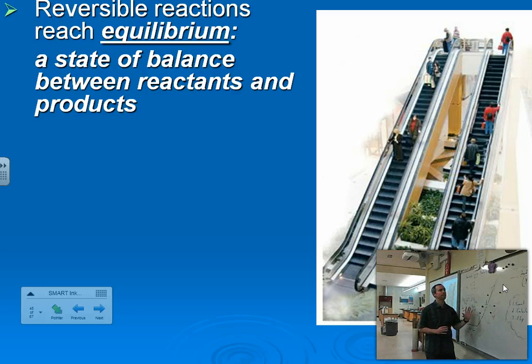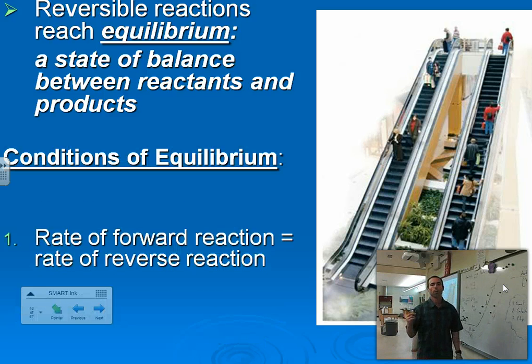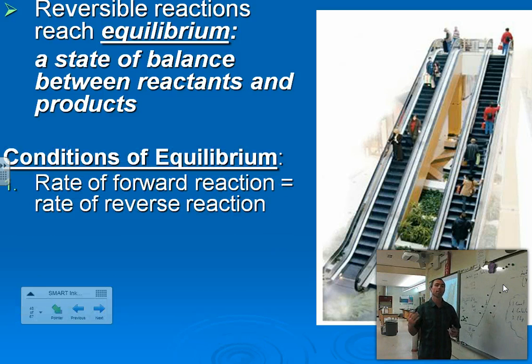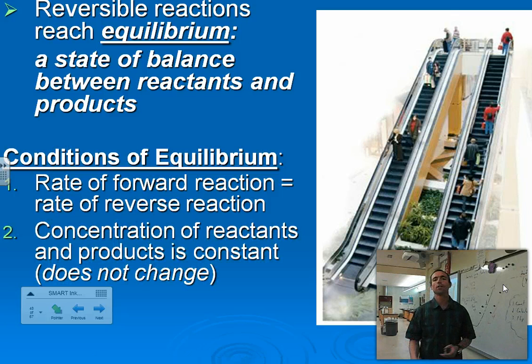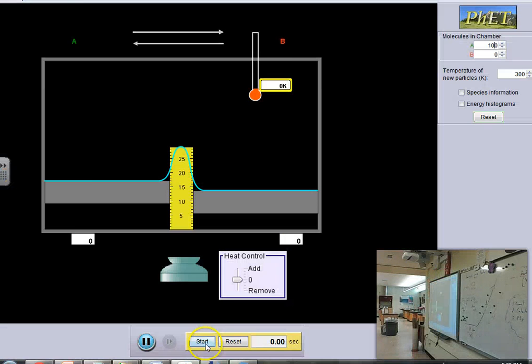So it's a dynamic thing as people move up and down. But when we hit this point where the amount of people going up is equal to the amount of people going down, we could all agree that the number of people on each floor now is not changing. And that's equilibrium. So the two conditions are that the rates of the forward and reverse reactions are equal, and at that point the concentrations will be constant.